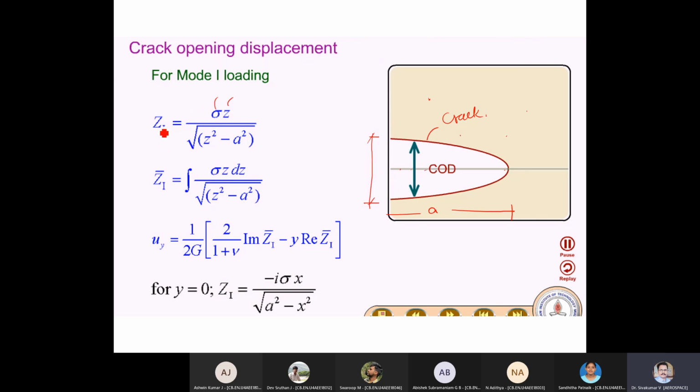This is a function developed by Westergaard. It is a stress function basically. It came from a stress function.